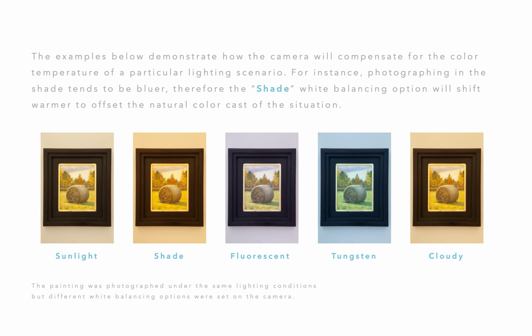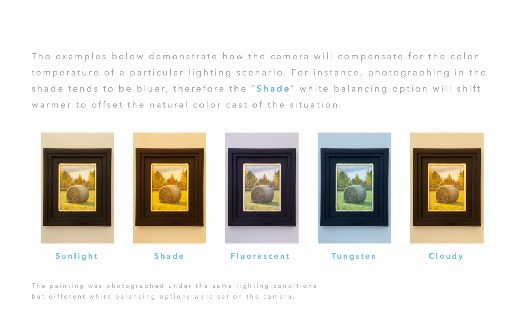So the example below demonstrates how the camera will compensate for the color temperature of a particular lighting scenario. For instance, photographing in the shade tends to be bluer. Therefore, the shade white balance option will shift warmer to offset the natural color cast of the situation.